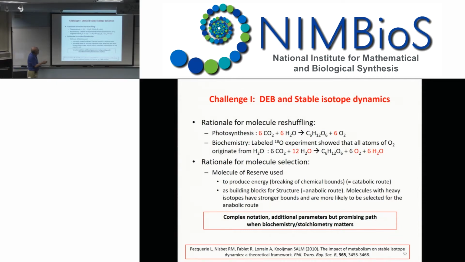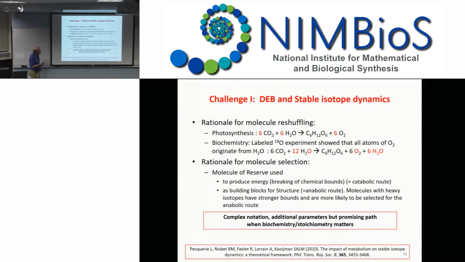This equation here is the standard way of writing down the macrochemical equation for photosynthesis. And if you just imagined that as what was going on, you would imagine that the O2 that was produced involved oxygen coming from CO2 and oxygen coming from water.